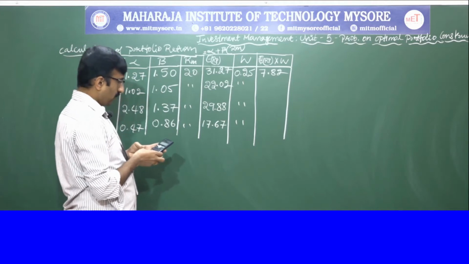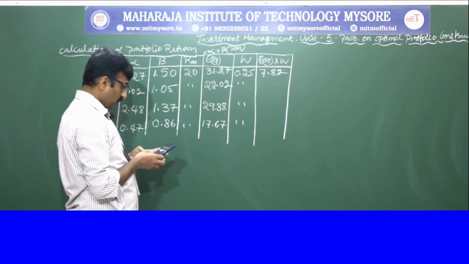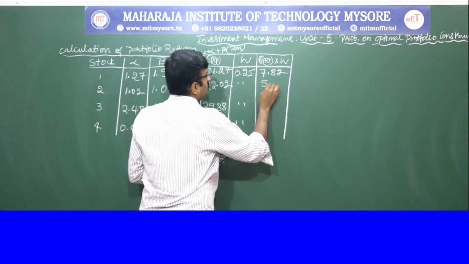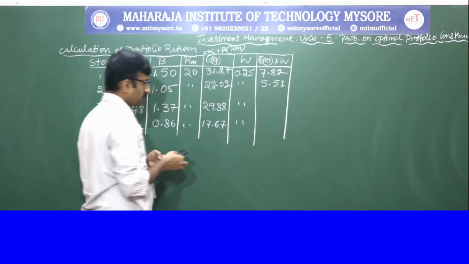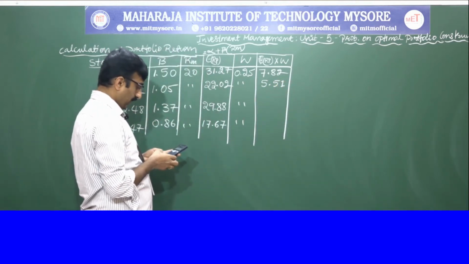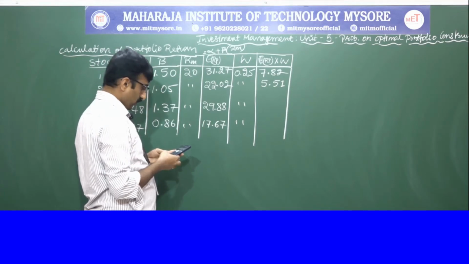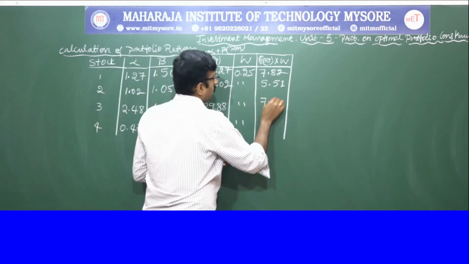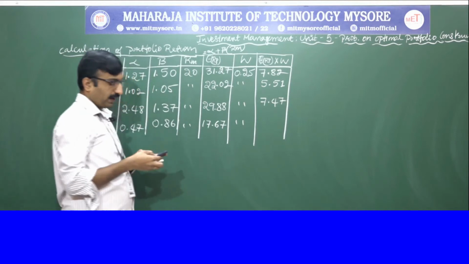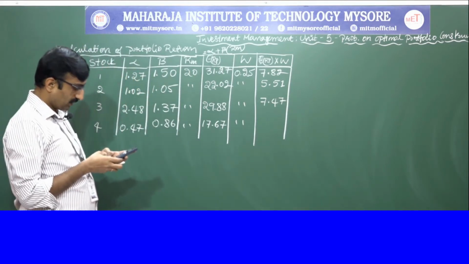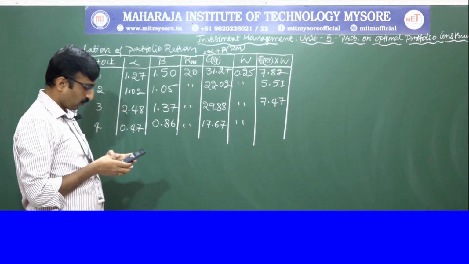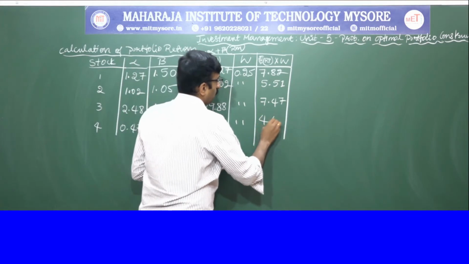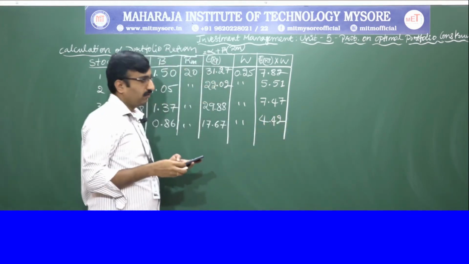Then 22.02 into 0.25, you will get 5.51. Then 29.88 into 0.25, you will get 7.47. Then again, the last one, 17.67 into 0.25, you will get 4.42 approximately.